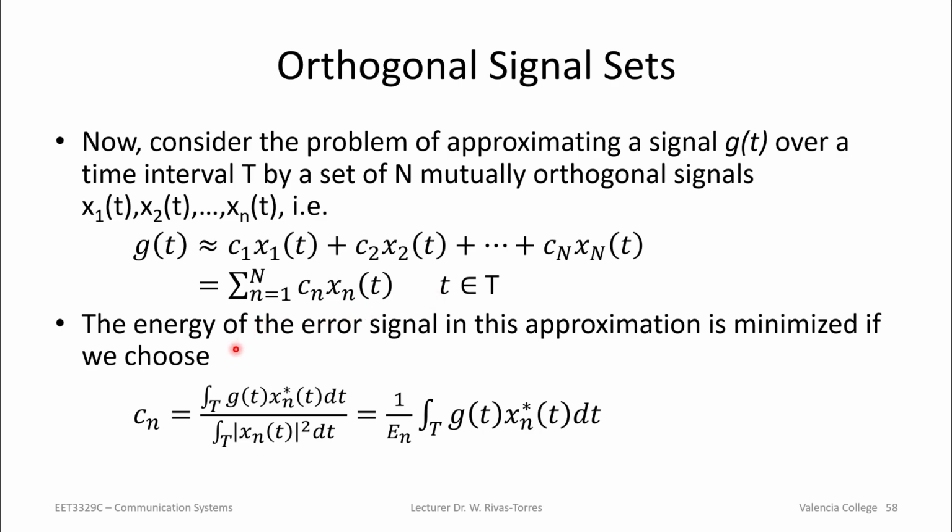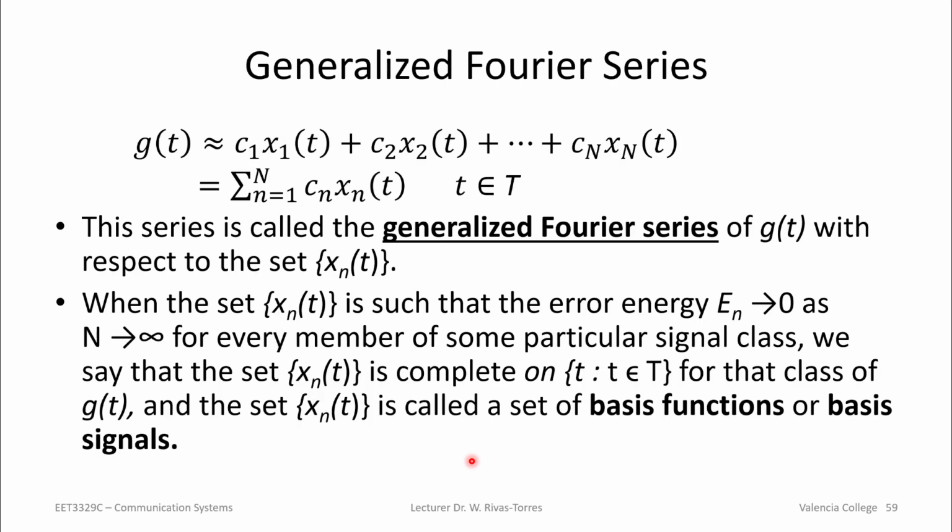And we can always look at the energy in the error signal and try to minimize that, and we already know how to minimize that. So we looked at this before, but this is a generalized mathematical expression for it. It's the same as an expression that we looked at before. Again, this is just generalized here for complex signals as well.